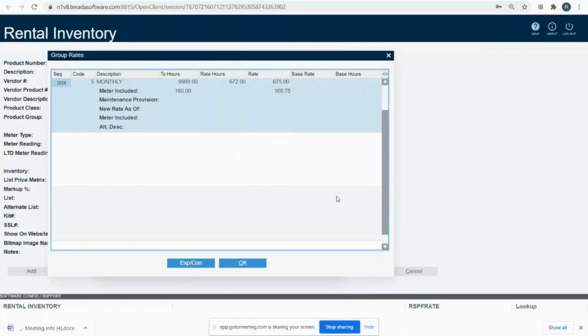That $675 gives you 160 hours of usage. And for every hour on top of that, it is going to be $168.75. Okay? So the vast majority of people use this method, which is every extra hour has a given rate depending on the period, daily, weekly, or monthly.